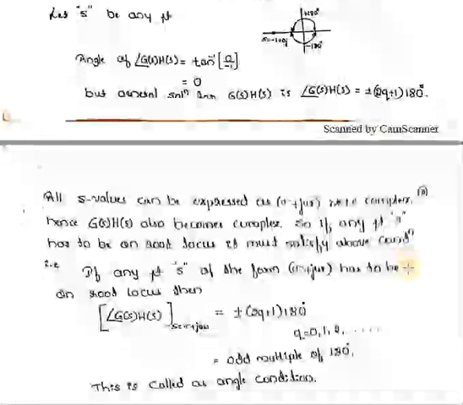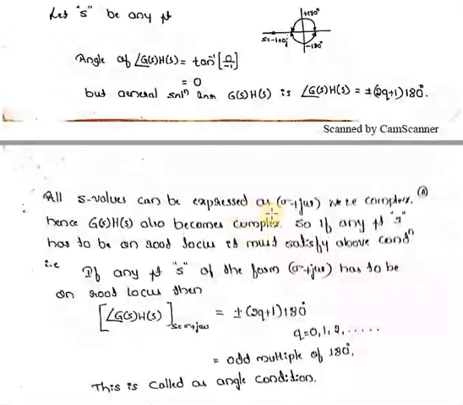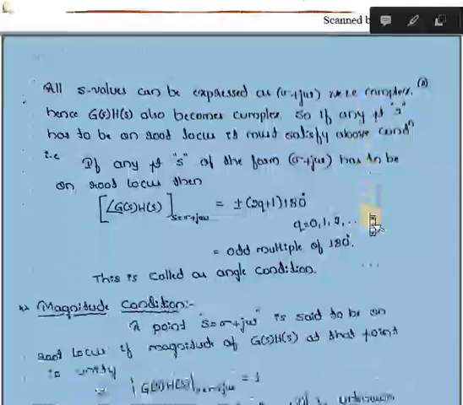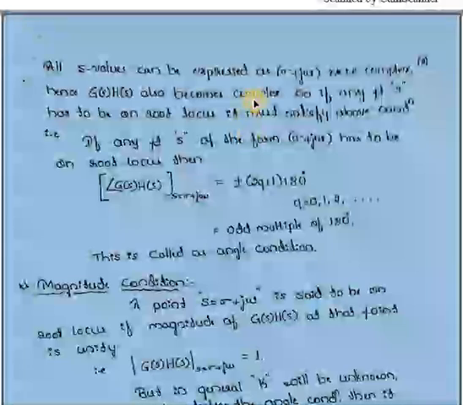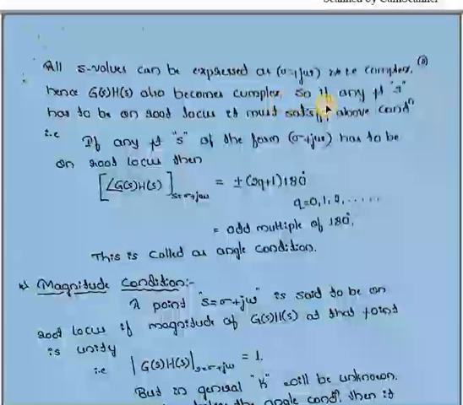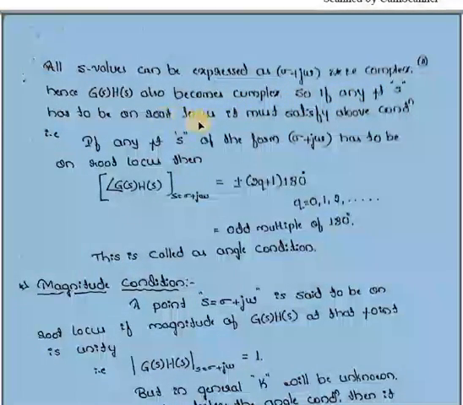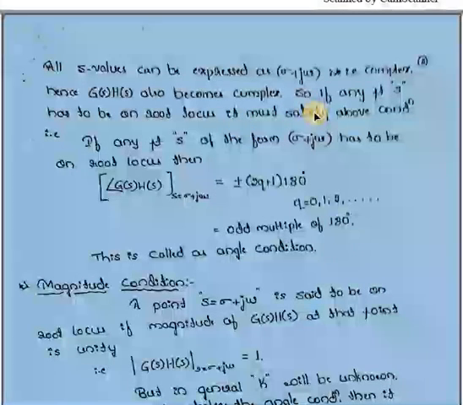Therefore we can represent all the s values in terms of sigma plus j omega, which is complex, and also becomes a complex number. So if any point s has to be on a root locus, it must satisfy that characteristic equation.